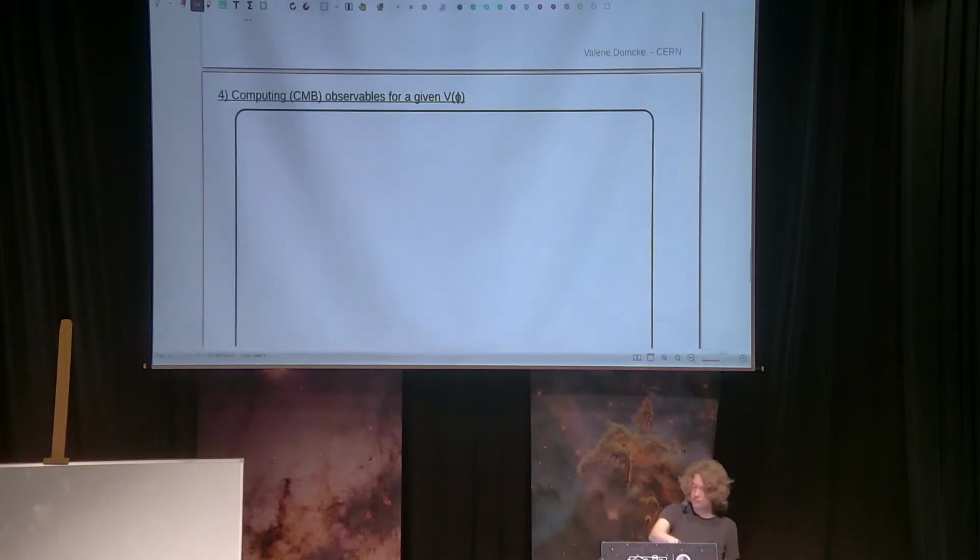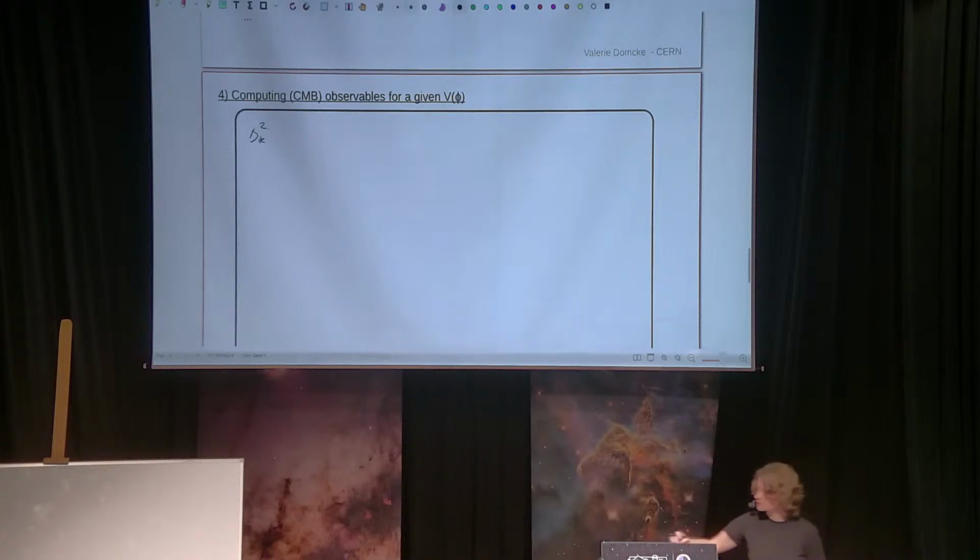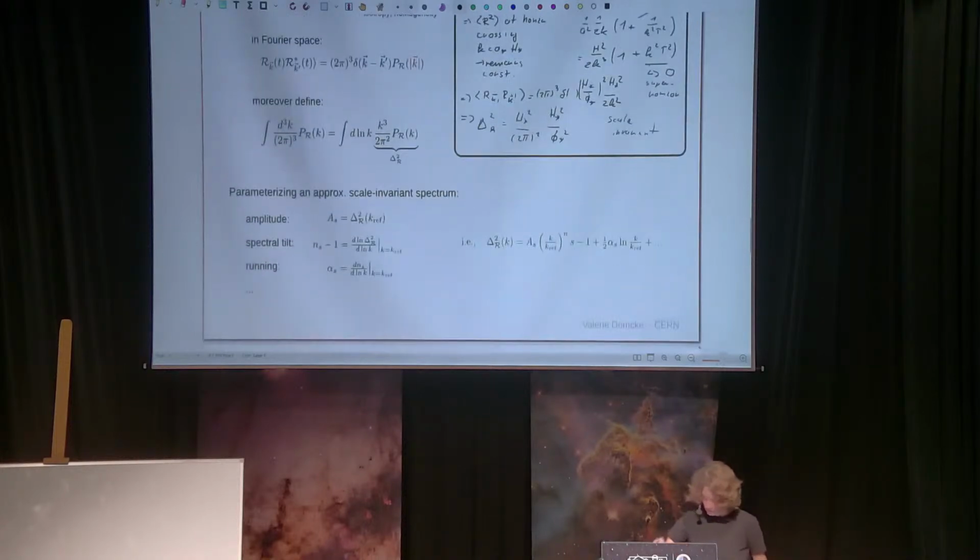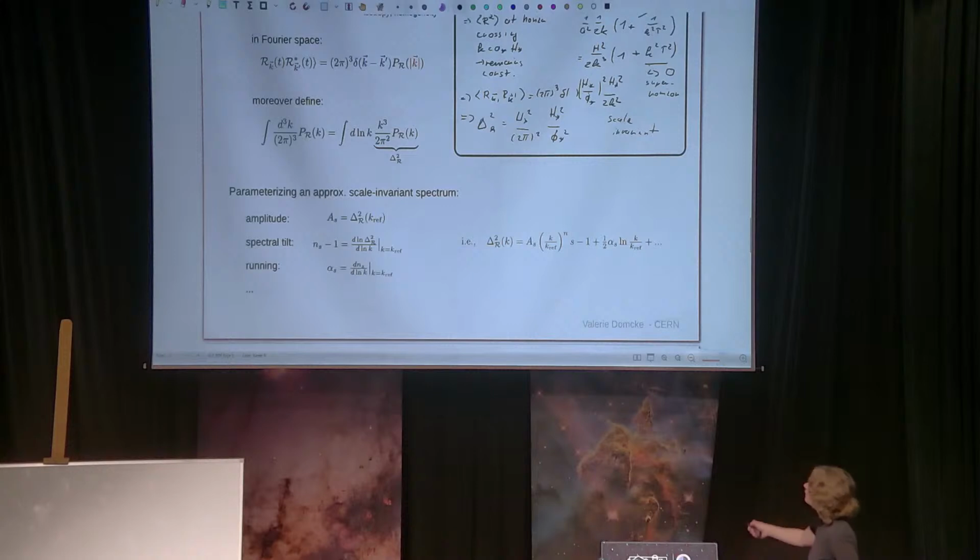So concretely, just to show you what this looks like, if we go back, we had the expression for delta R squared. It was just dependent on the Hubble parameter and phi dot.